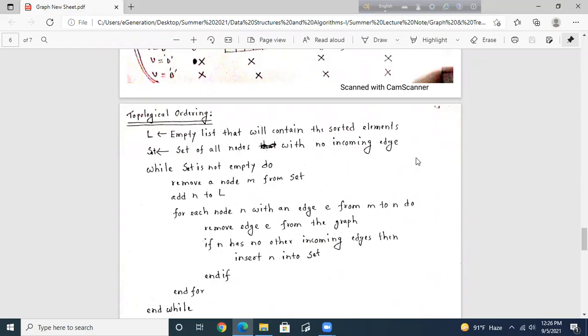So that is the set. While set is not empty do: you have to continue the loop until the set is empty. Remove a node M from set.